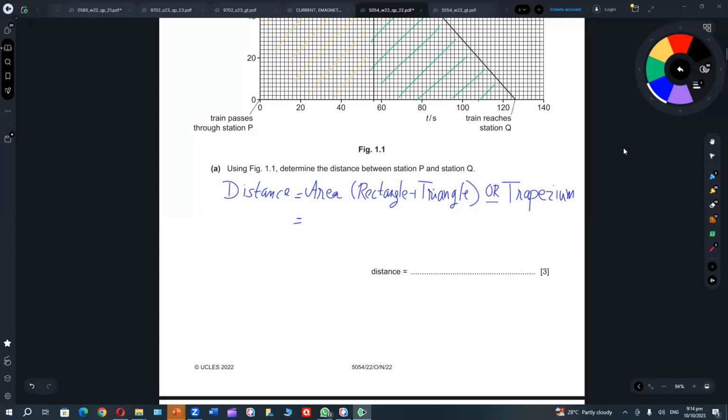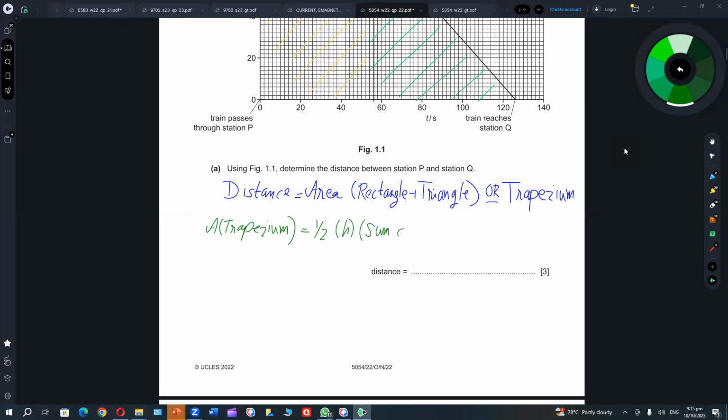So what do you want to use? We can use the trapezium. The formula is half into height. If I use the area of a trapezium, this is the formula.